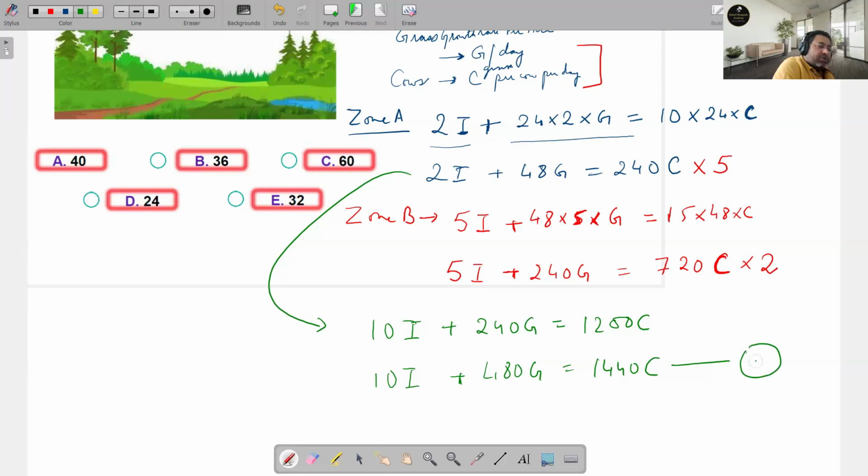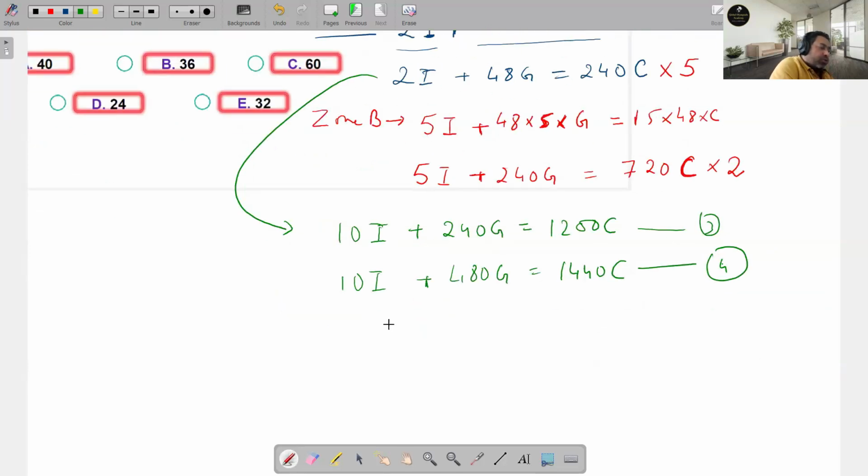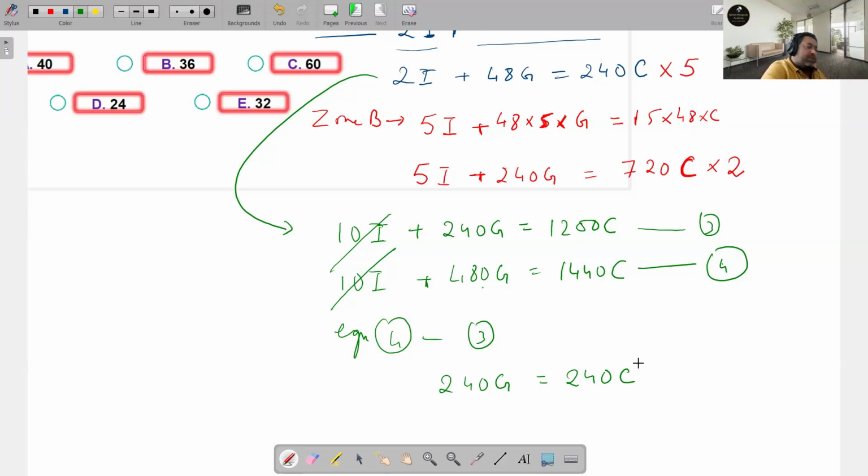This becomes equation 4 and this is equation 3. If we do equation 4 minus 3, these two will cancel out. 480 minus 240 is 240G, which will be equal to 240C. That's very interesting. So G is equal to C.